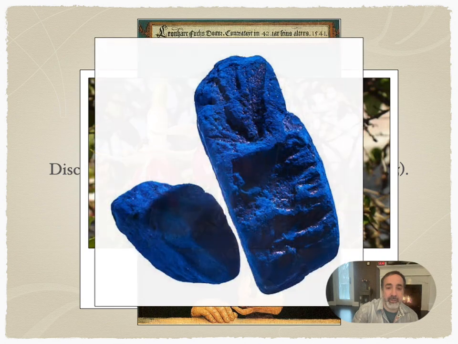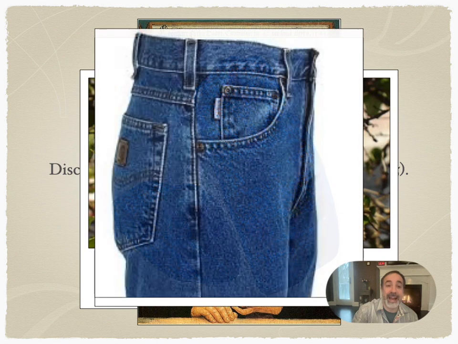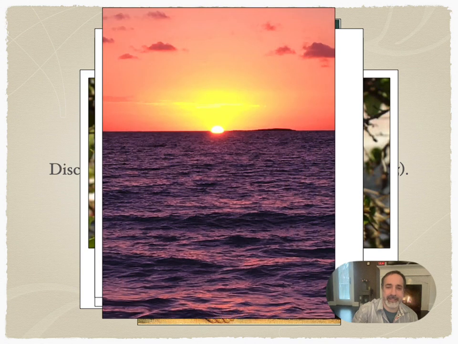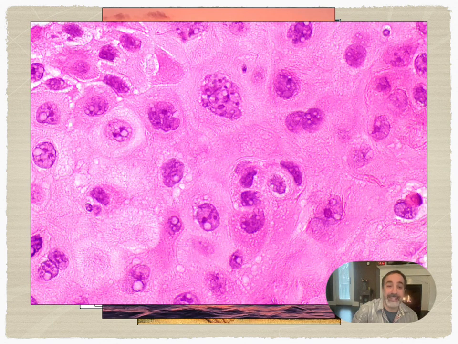There was indigo, which henceforth colored our genes. And there was also one named eosin, after the Greek god of dawn. Eosin, as it turns out, also stained the cytoplasm of cells bright pink when applied to tissue.